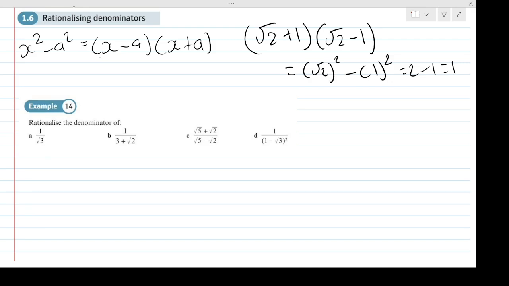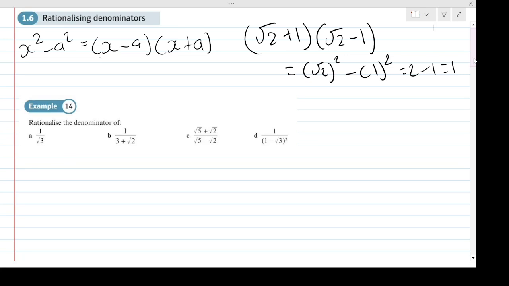And that is the whole principle of this: using difference of two squares to make a surd, a surd part if you will, get rid of its surd, by using some squaring. Okay. So let's have a look at that in action then.